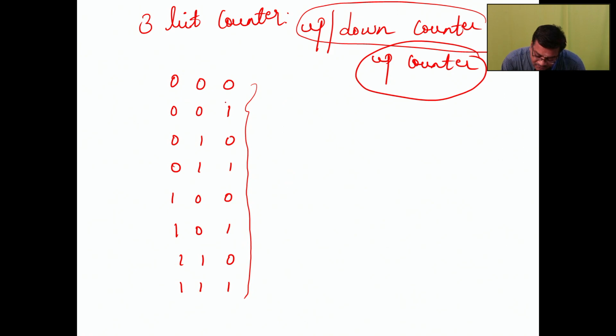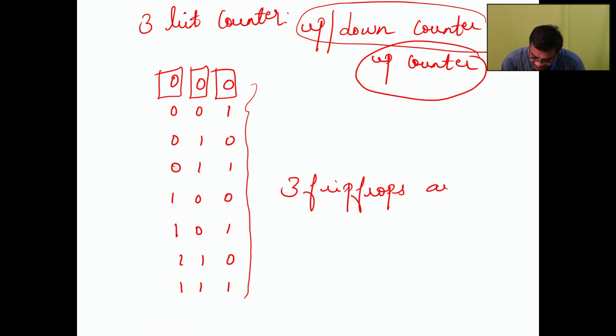So 0 0 0, 0 0 1. How many flip-flops are we going to use? For each bit we are going to use a single-bit flip-flop. So 3 flip-flops are required for designing this circuit.